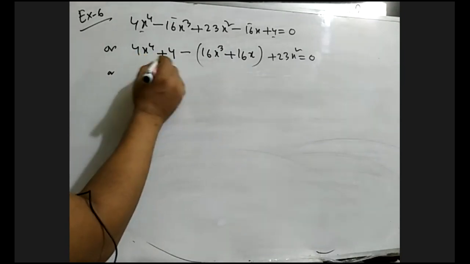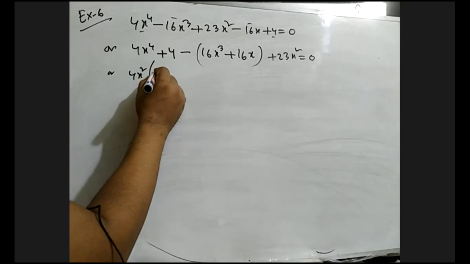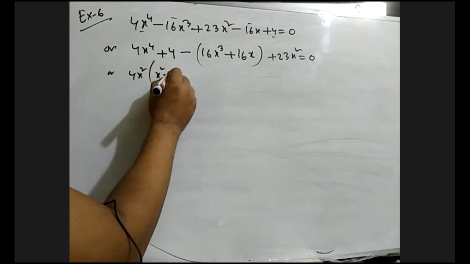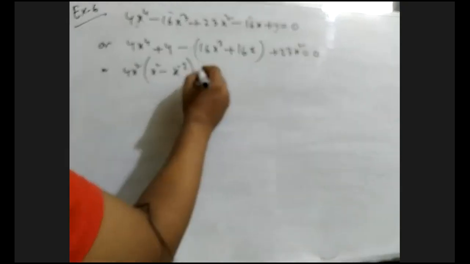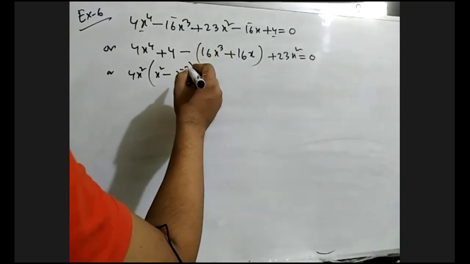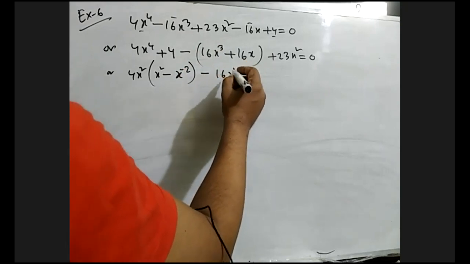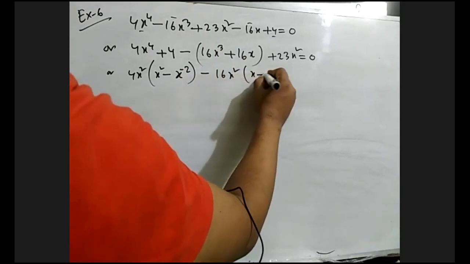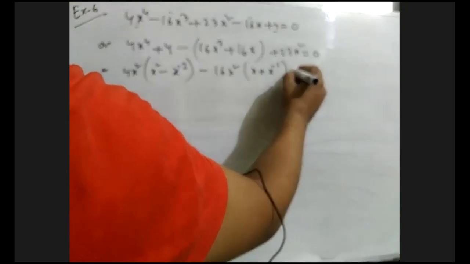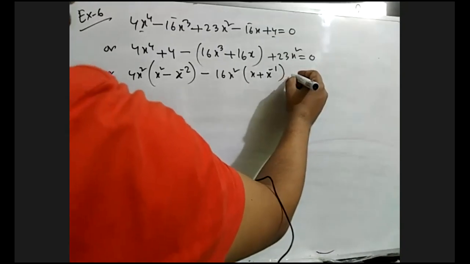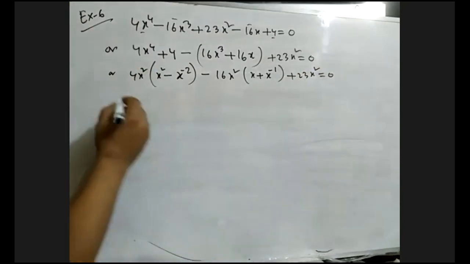Here we can take common 4x square, minus, from this part we can take common 16x square, how? x plus x to the power minus 1, plus 23x square equals to 0.